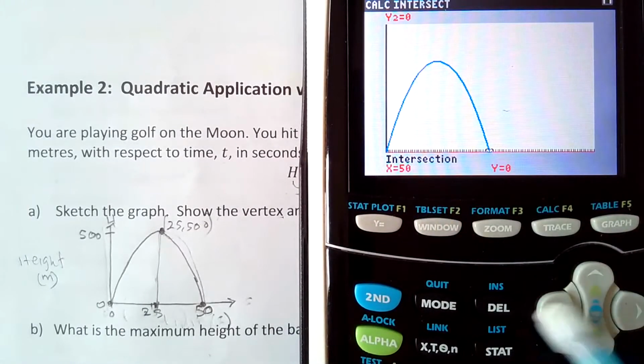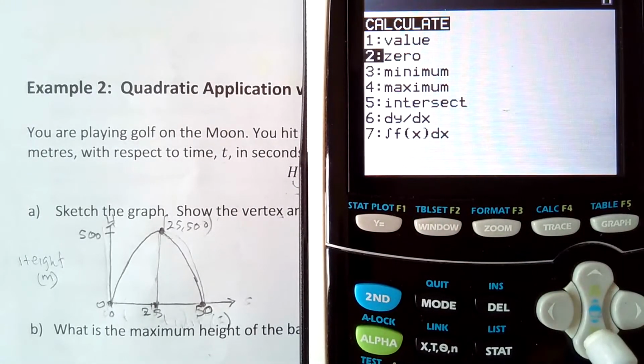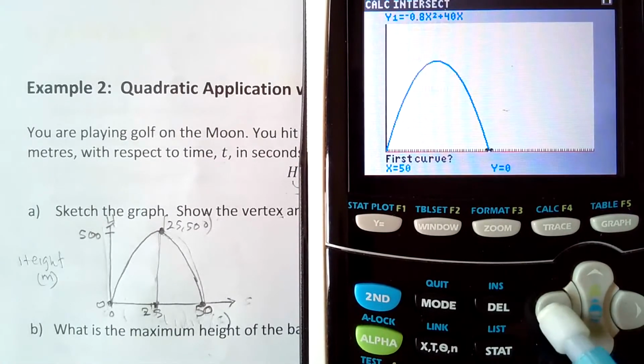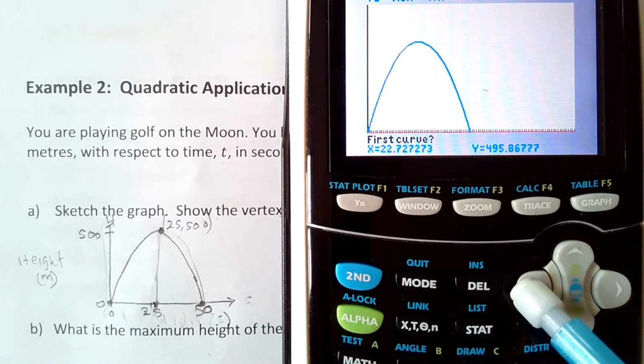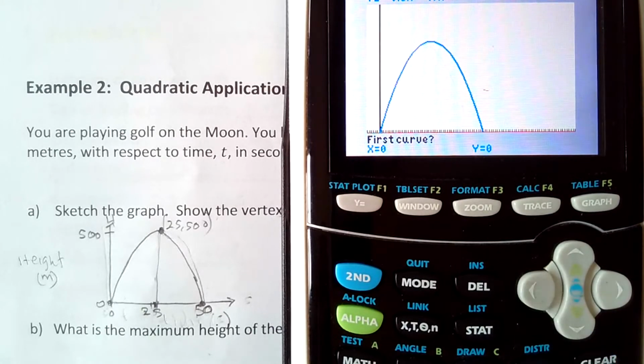The other intercept, we go second trace, find intersect. Now this time I'll move over to my left by pressing the left arrow key. And I go all the way down close to, yes, here. And I'll press enter 3 times. And there it is, 0, 0.